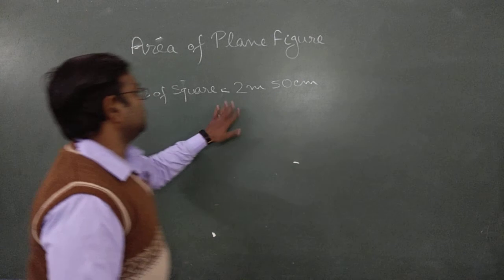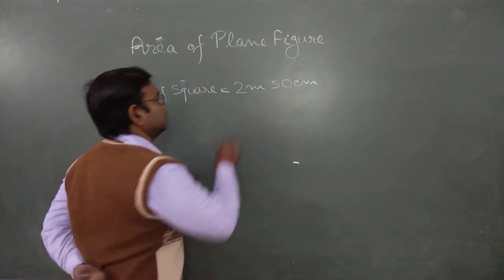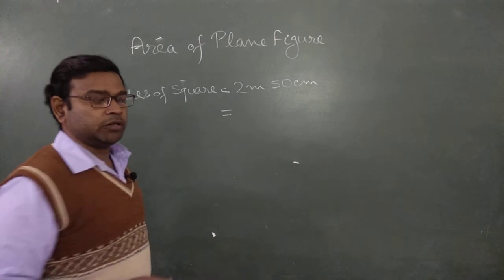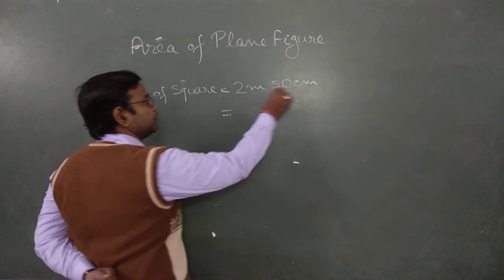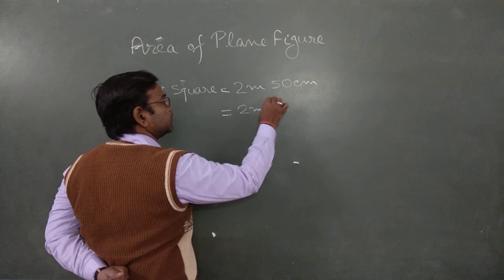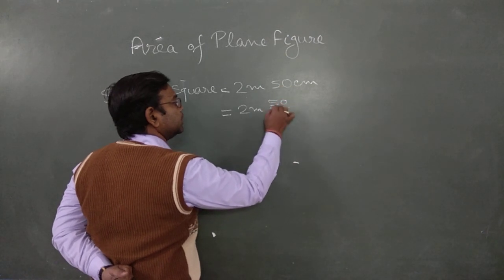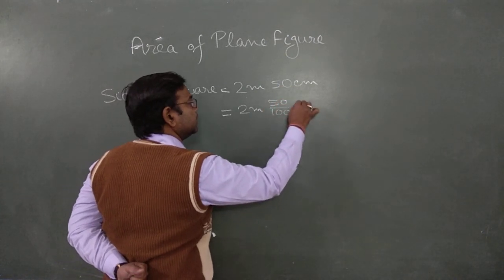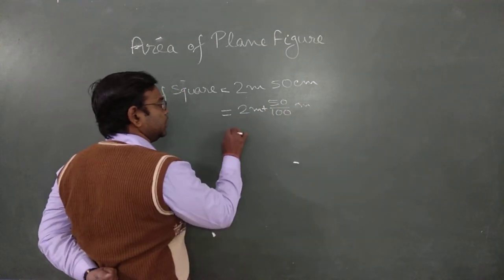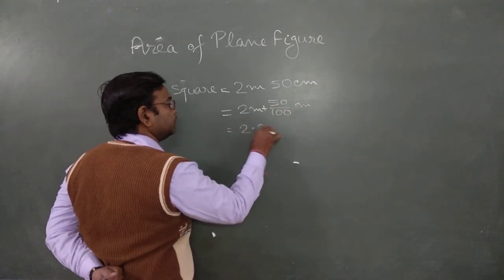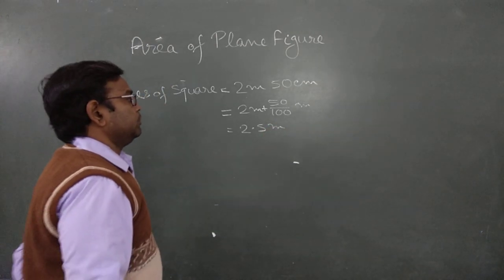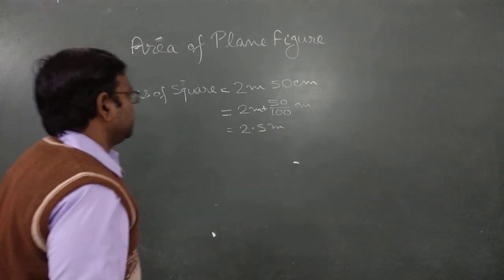Here the side of the square is given as 2 meter 50 centimeter. There is a mixing of units, so first convert them into one unit. 2 meter 50 centimeter means 2 meter, and we can easily convert 50 centimeter by dividing by 100, which gives meter, with a plus sign. So ultimately we have 2.5 meter. Clear? 2.5 meter is the side of the square.